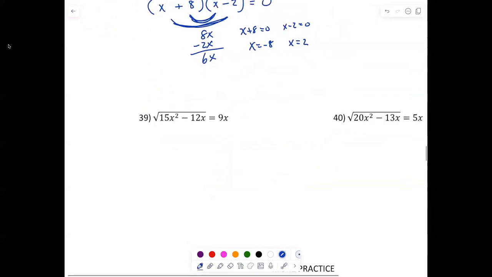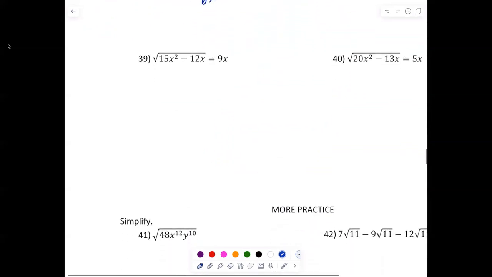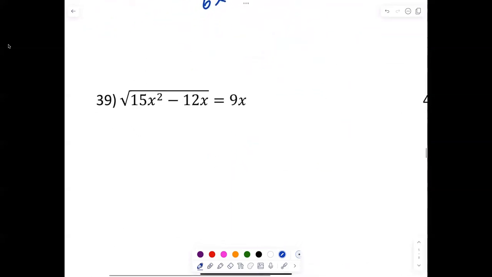39, what do I have to do to both sides? Square both sides. So I end up with 15x squared minus 12x equals, what's 9x squared? Good job, 81x squared.